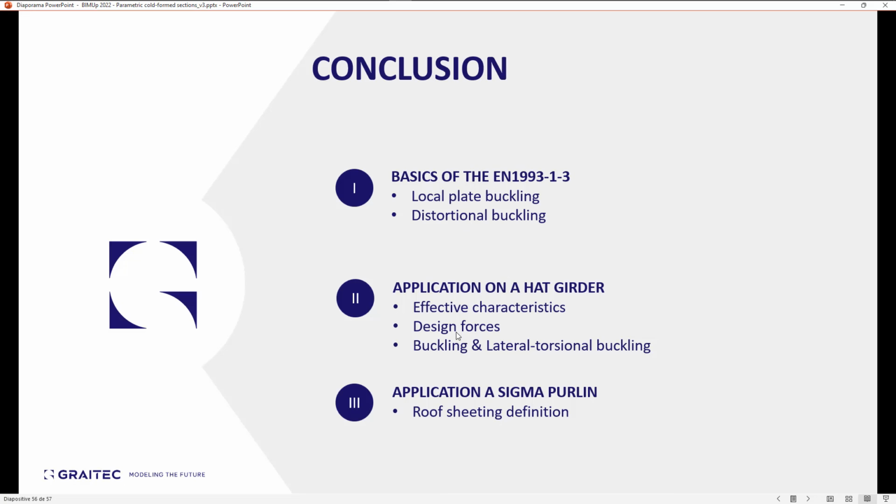We identified the design forces with the additional moments from the shift of a centroid, and we've computed the buckling and lateral torsional buckling factors to get the final work ratio. And then we've moved on to a sigma section example where we've introduced the stabilization we could get from the roof sheeting.